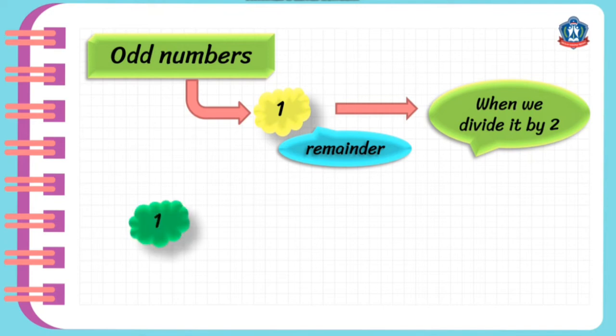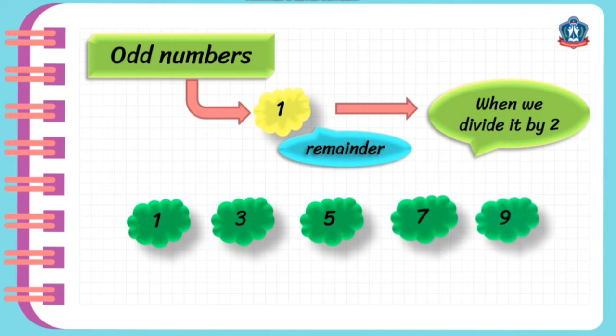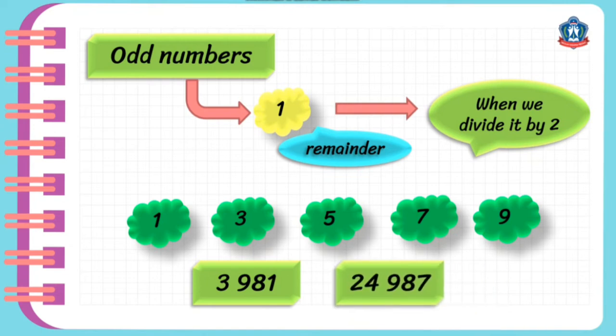And they have 1, 3, 5, 7, and 9 in their ones place. For example, 3,981. It has 1 in the ones place. And also 24,987. It has 7 in the ones place. So they are odd numbers.